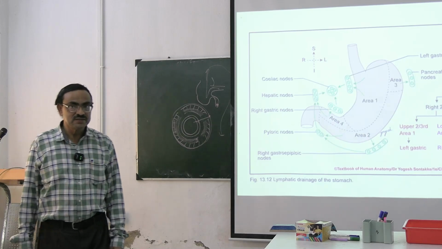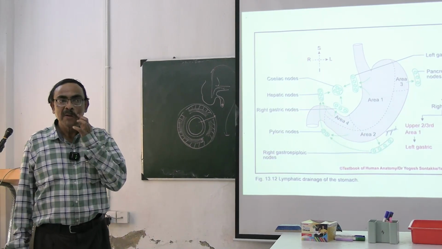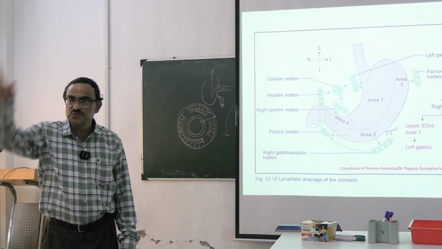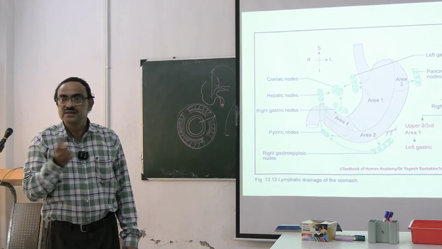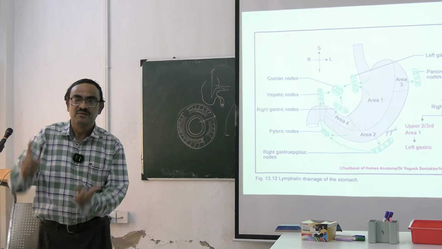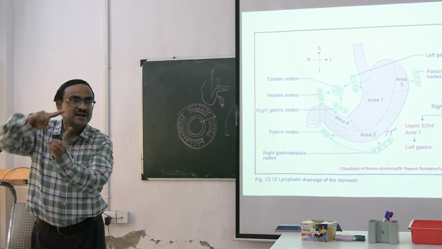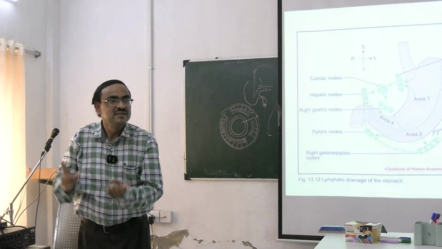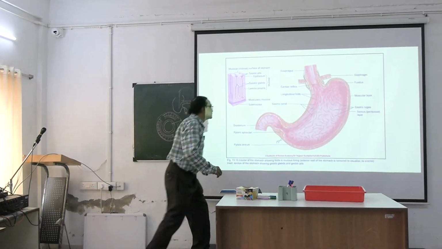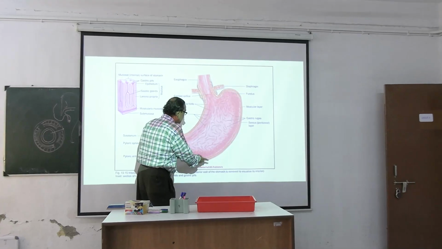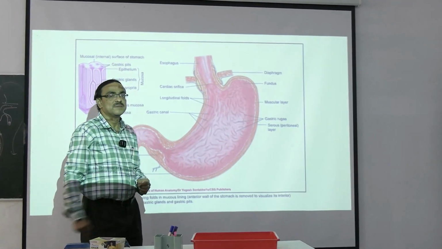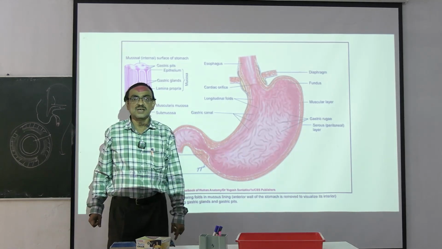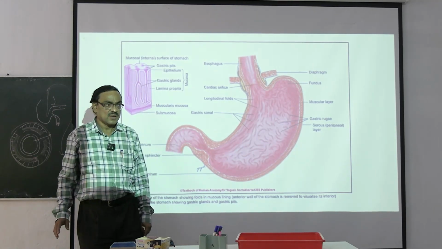Now about the musculature, I told you there are three muscles from outside inward: one is the longitudinal muscle, one is the circular muscle, and one is the oblique muscle, which are oriented like this around the fundus and the body. So there you can see the interior of the stomach. Here we can see there are several folds which are called the gastric rugae.